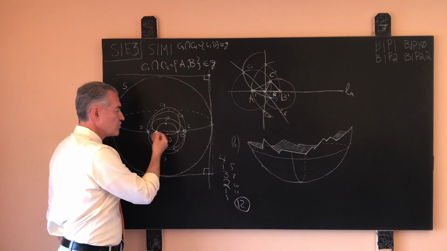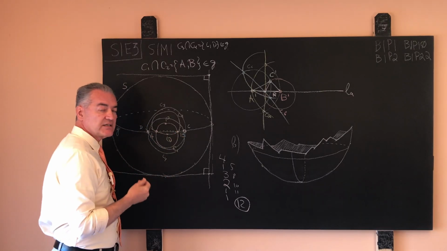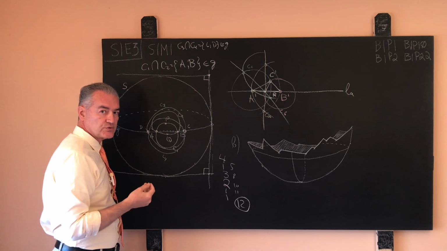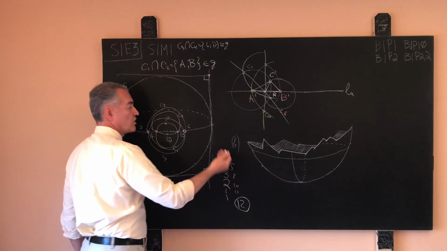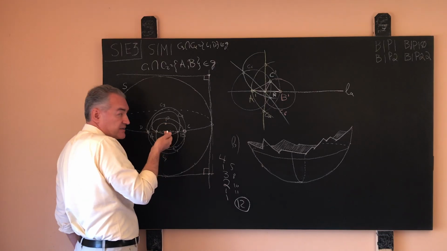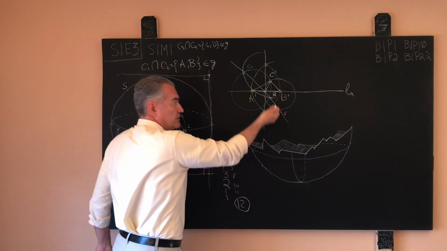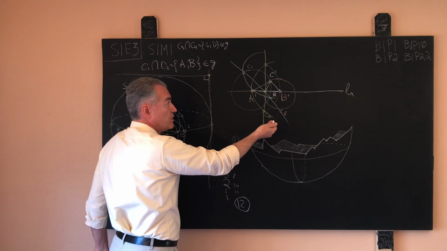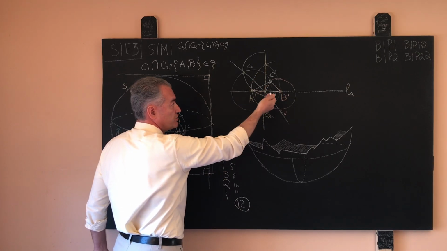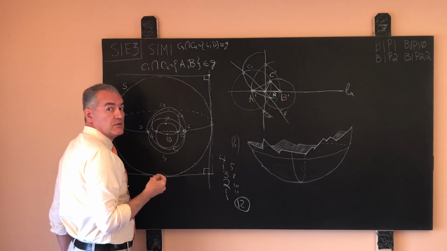But that triangle is not directly accessible to our Euclidean tools. However, we managed to construct or transform that inaccessible triangle into the Euclidean plane, which now is accessible to the Euclidean tools.